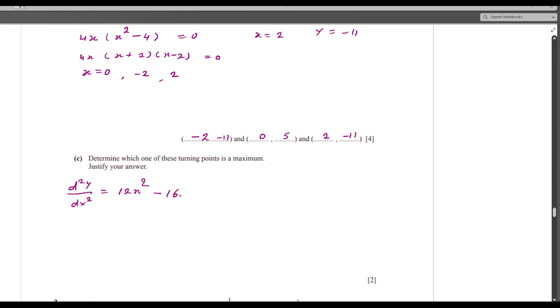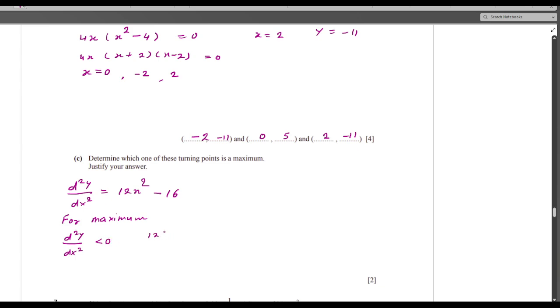Now for the maximum point, your d square y upon dx square should be greater than 0. So less than 0, sorry, for maximum, I know that my d square y by dx square should be less than 0.